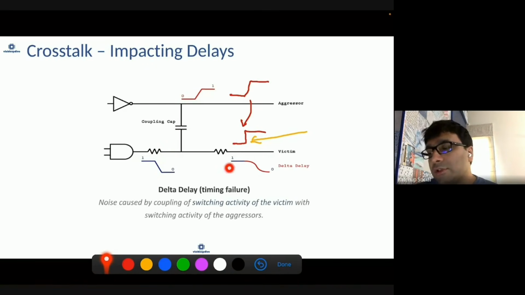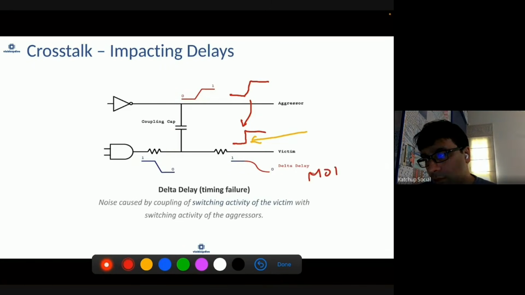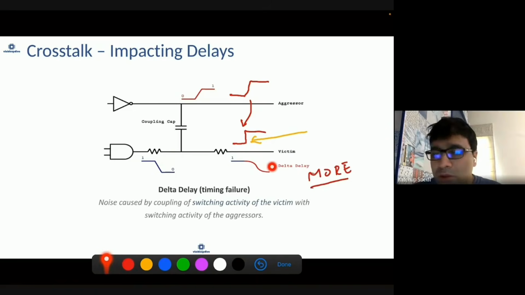The change can become slower for this signal, the transition can become slower, and that can cause the delay to become more. So basically, because of wires running very close to each other, a coupling capacitance is introduced, and depending upon whether the signal is changing in the same direction or the opposite direction, the delay of the path can change.